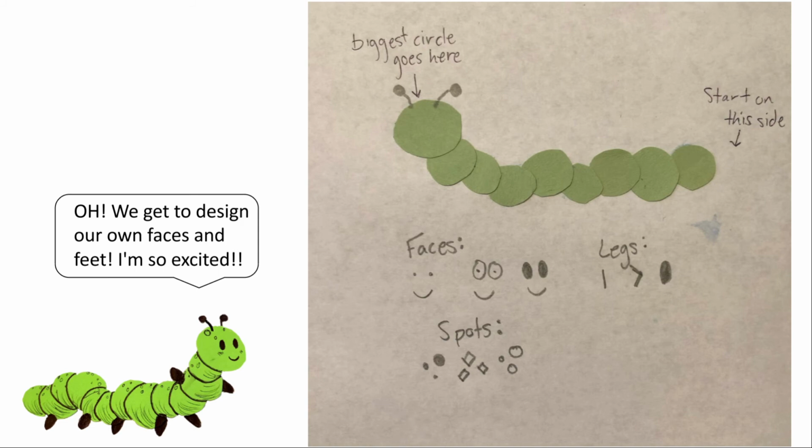And you need two dots at the end. And then I drew 3 different eyes for your faces. You can do my faces, you can make your own faces, you can make a laughing face, you can make an excited face, whatever you would like. So let's focus on the faces and the antenna right now.